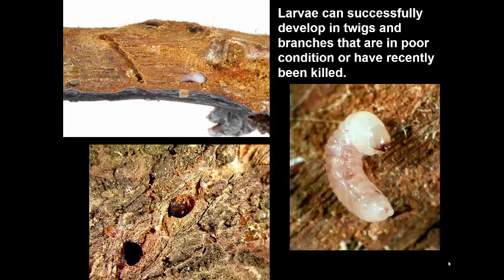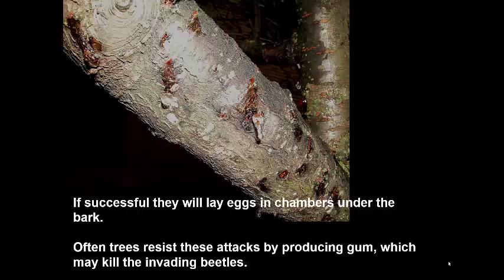Larvae can successfully develop in twigs and branches that are in poor condition or have been recently killed. This is a borer that you might see just on part of the tree, a branch that's been compromised in some way and becomes more susceptible. But trees will become more susceptible in general as they age. So these usually come into stone fruit trees on their last legs.